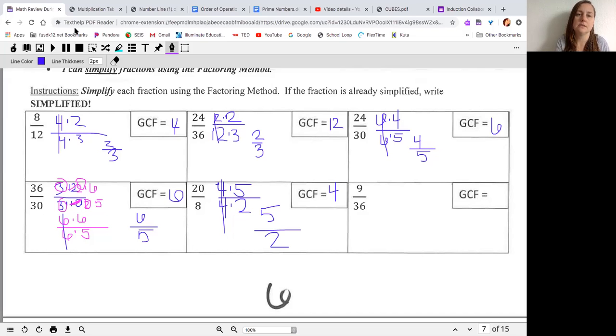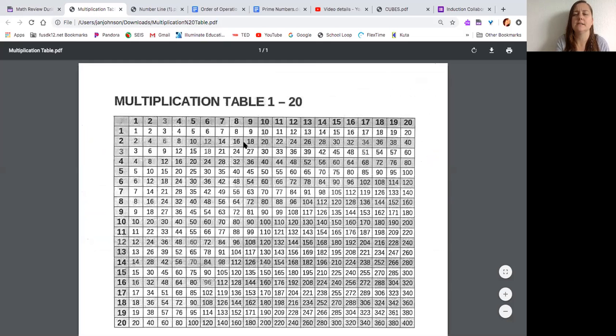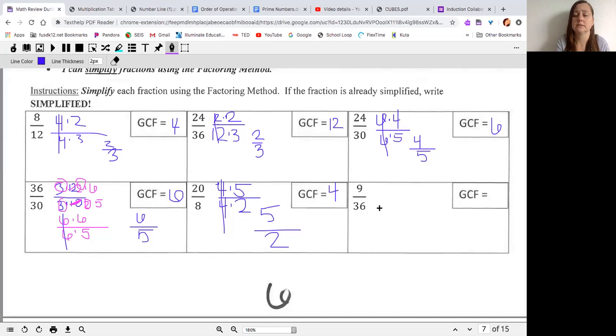Now, does 9 go into 36? 9 times what is 36? 9 times 4. So over here, you can write 9. And 9 times what is 9? 1. Okay. And 9 times 4 is 36.